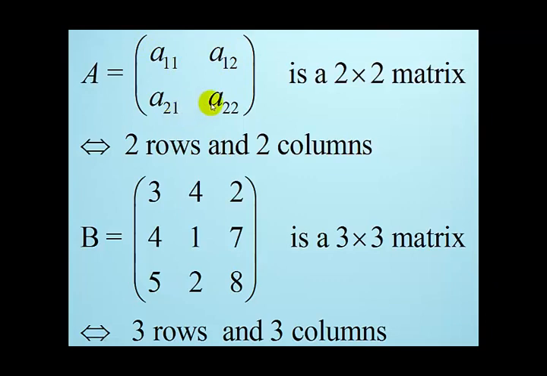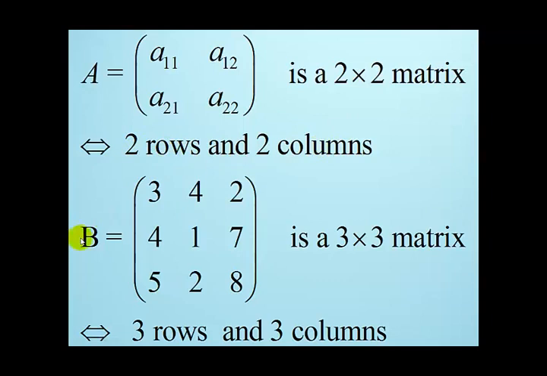And A22 means the second row, the second column. So A is a 2 by 2 matrix, which implies that we have 2 rows and 2 columns.